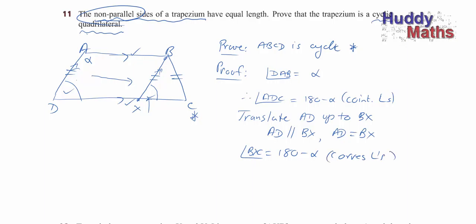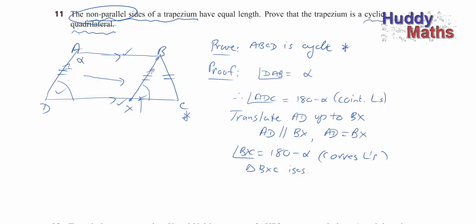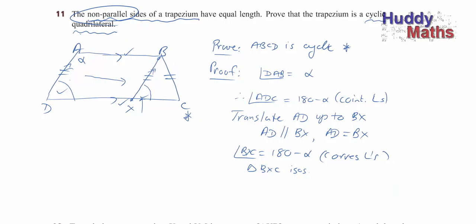And also we notice that triangle BXC is isosceles. BX equals XC under the translation there. BX equals XC. And therefore, angle BCX is also 180 take alpha, base angles of an isosceles triangle.